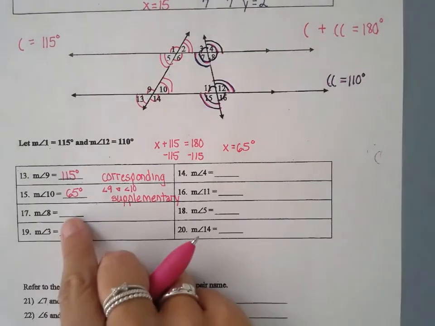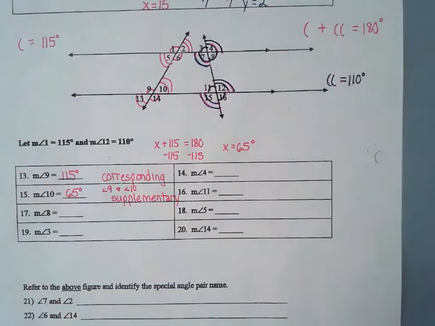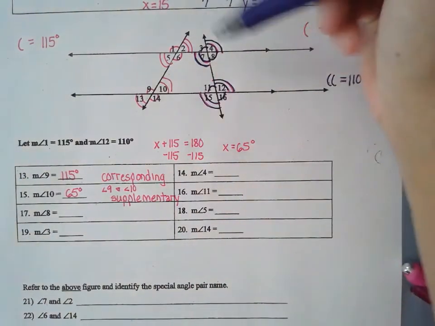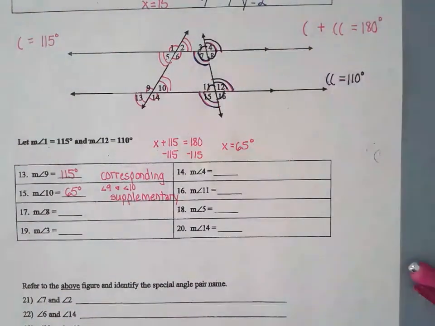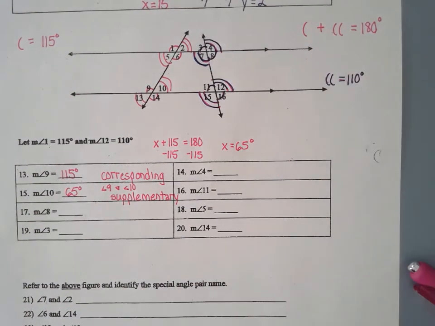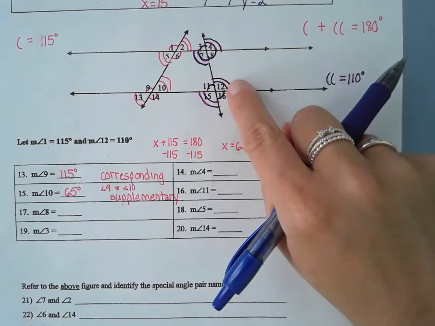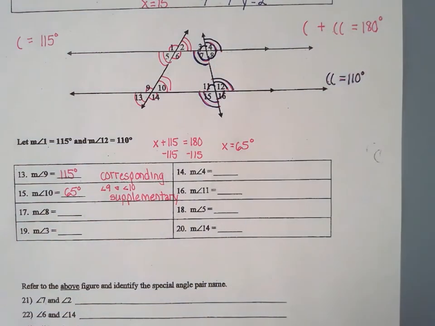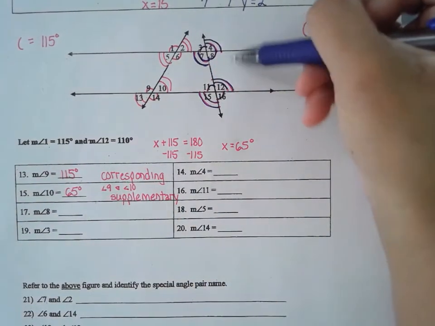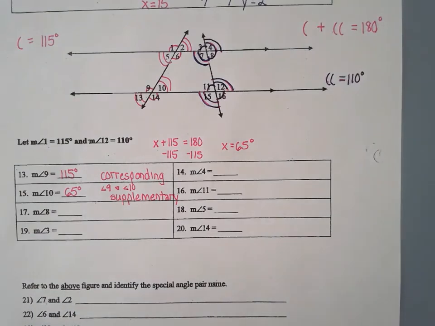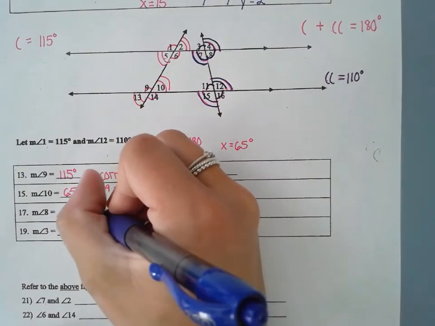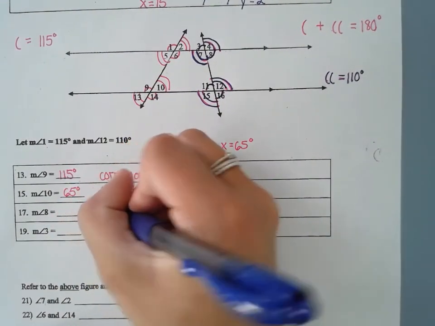Now we're going to talk about angle 8. Angle 8 is over here in my blue. We know that angle 12 is 110 degrees, and that has two congruence marks. Angle 8 only has one congruence mark. Both of these are inside and are on the same side of the transversal. So these are same side interior.